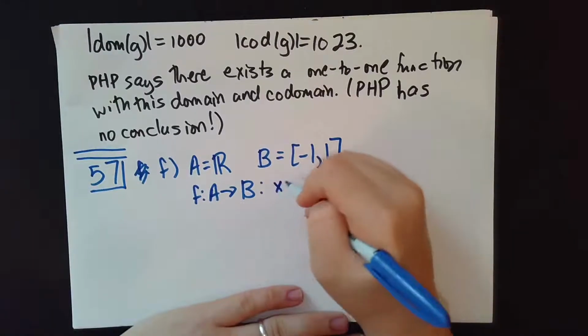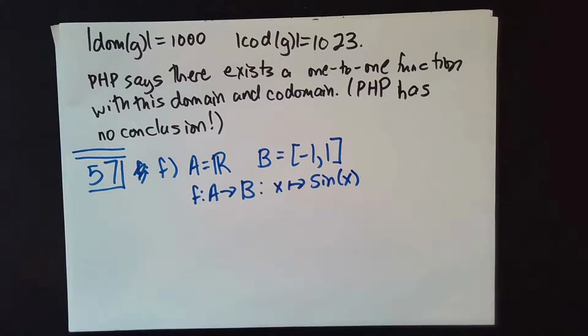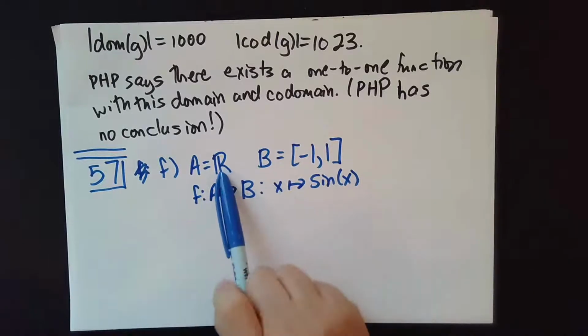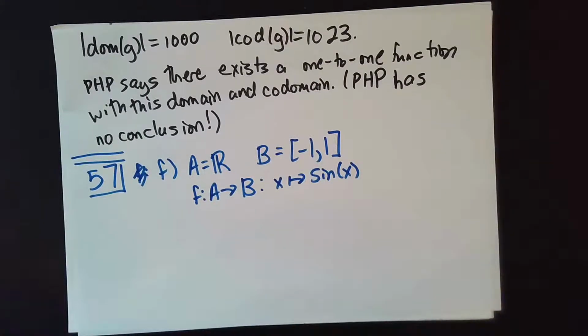I would have chosen x goes to sine of x. Remember, one of the key things about sine is that sine is always between -1 and 1, and so that exactly means that sine happens to map into this interval, and sine definitely isn't constant.